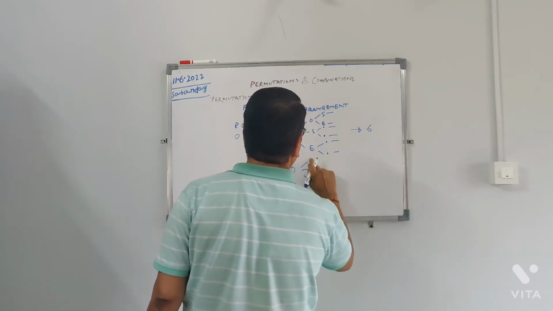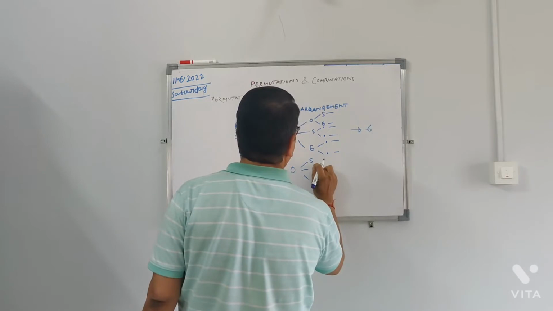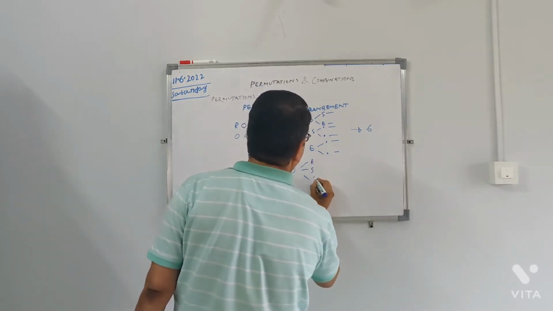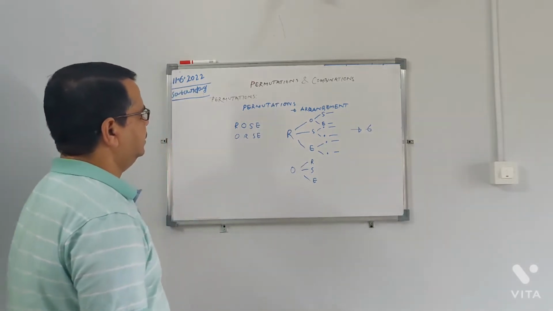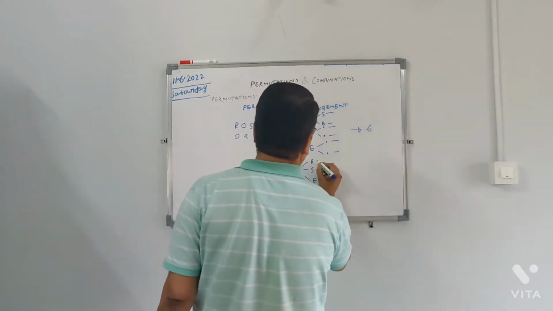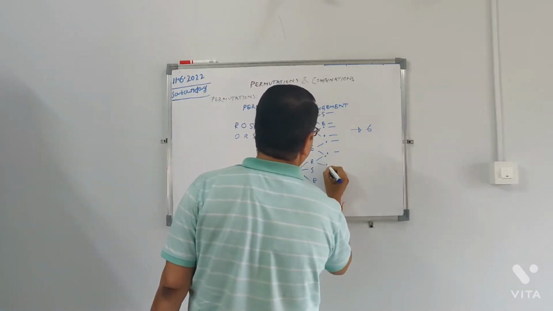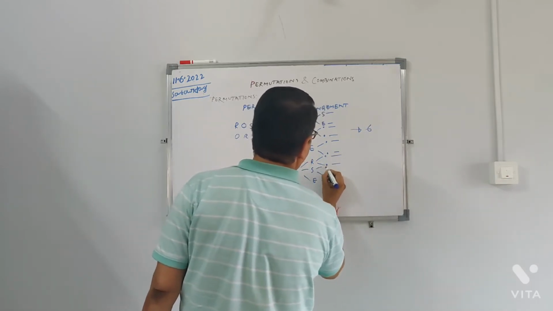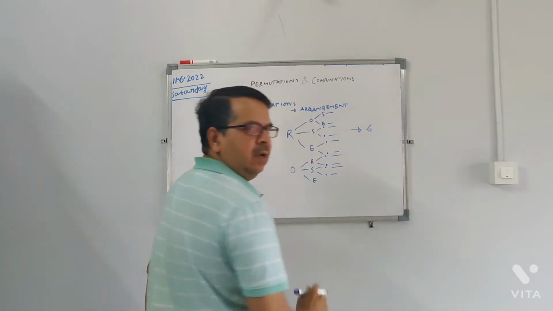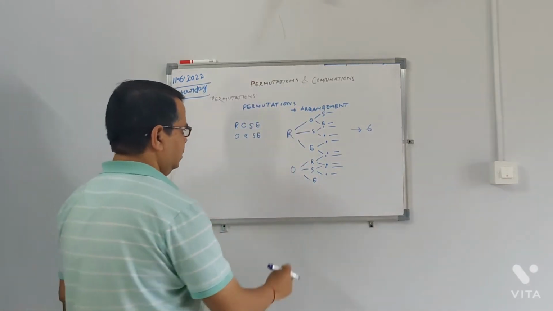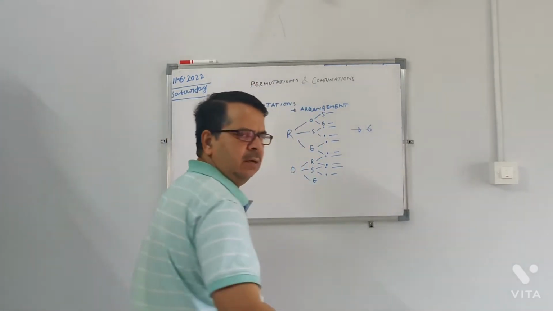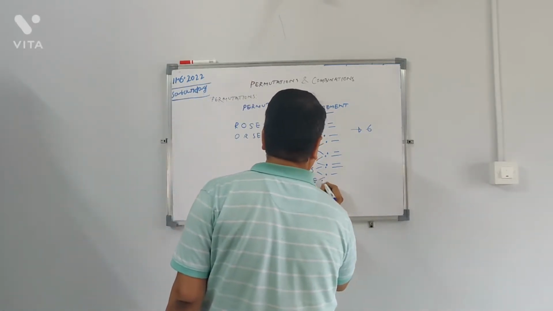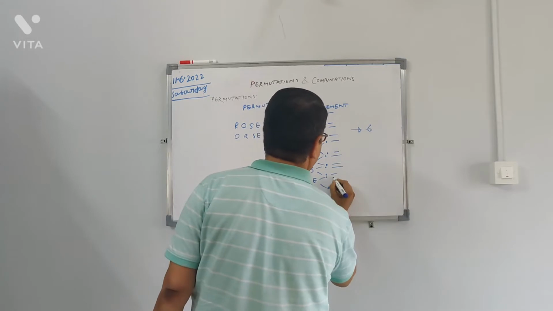Otherwise, similarly, you start with O, and then the remaining letters are S, R or E. With this you have only two, this and this, and then this and this and this.